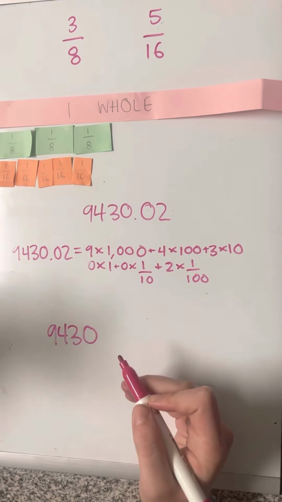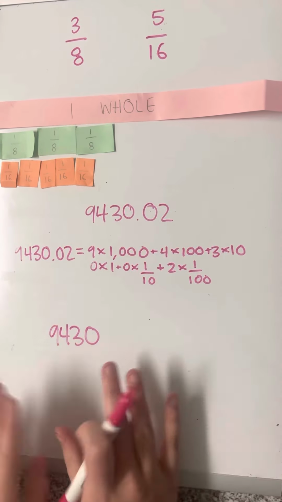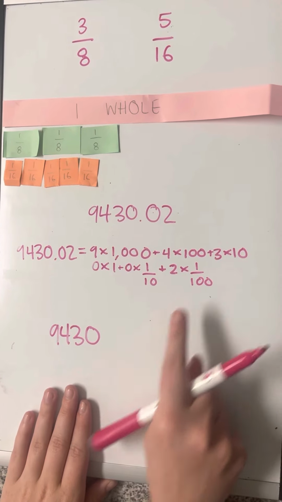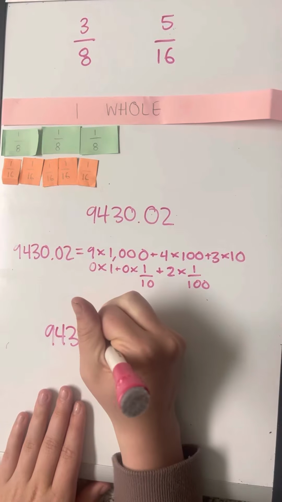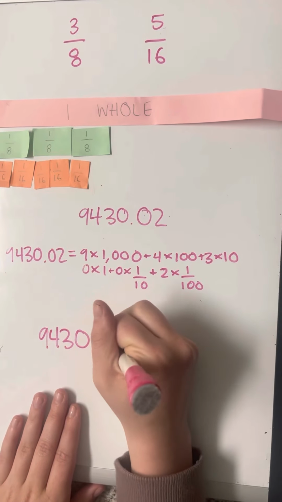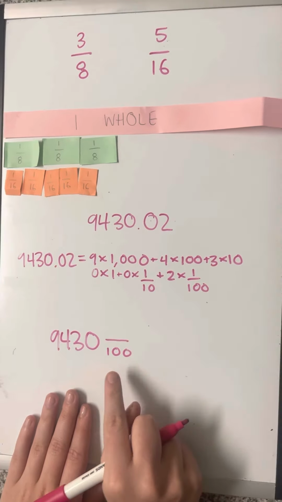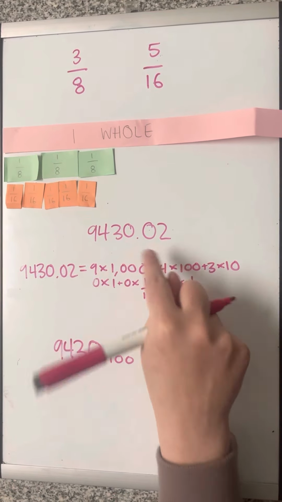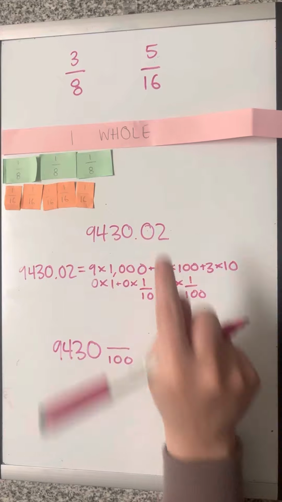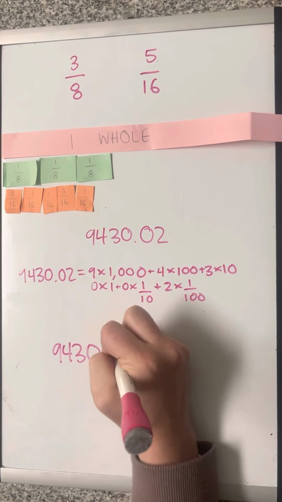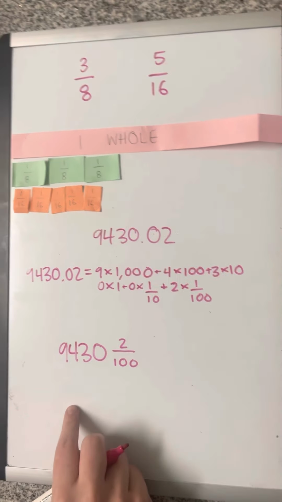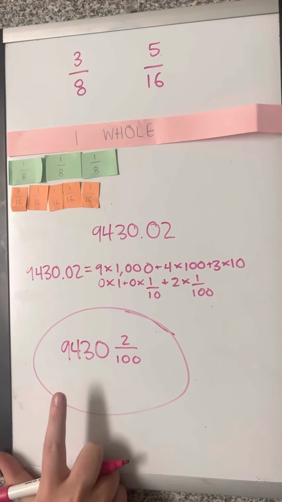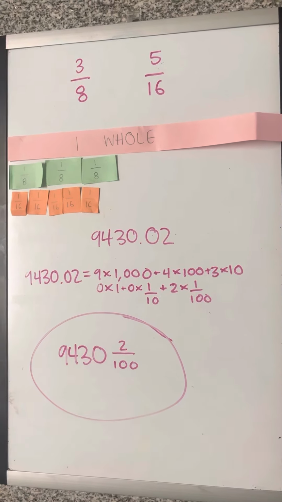Why I say this makes the second part easier is that we've already found the denominator of our fraction, which is 100ths. So we can start there. We have 100ths, and then we go back to our decimal to see what the digit is there, and we have 2. And so we have 2 over 100. So our total mixed number is 9,430 and 2/100ths.